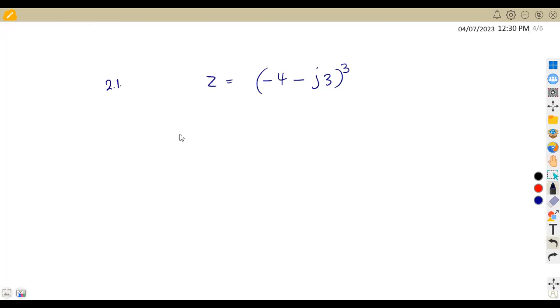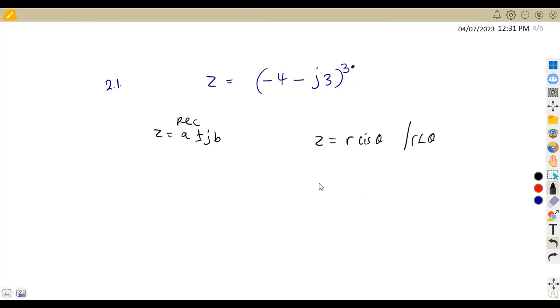We know that in rectangular form, z is equal to a plus or minus jb. Then in polar form, z is equivalent to r cis theta, or it can be given as r angle theta like this. So if you are given an exponent, it's best to solve in polar form.